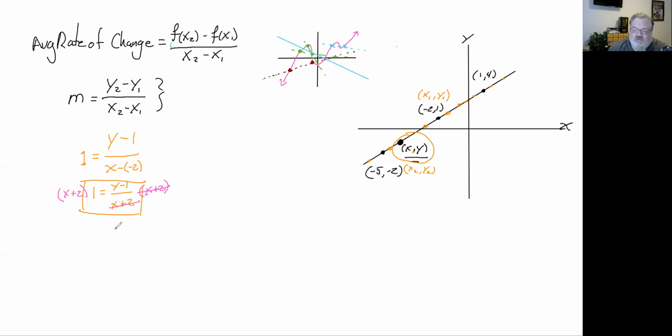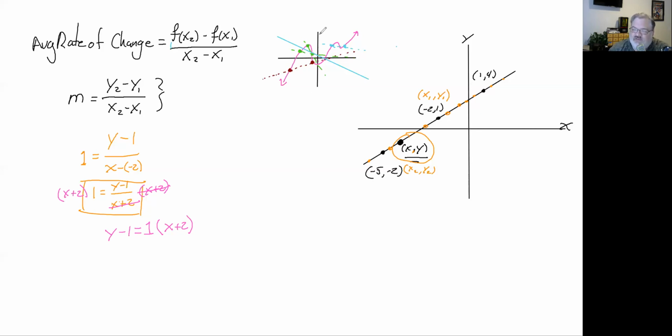And this side will just be y minus 1 equals, I'm going to move this stuff to the other side, that 1, again, that's our slope, times that x plus 2. Now again, that leaves us with an equation where if you put an x value in, you'll get a y value. This relationship still defines every xy pair on that line.